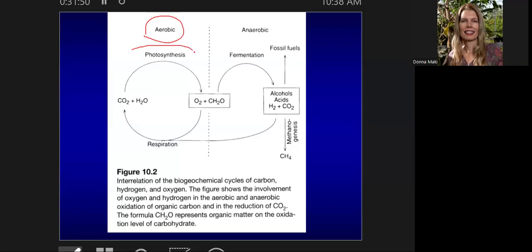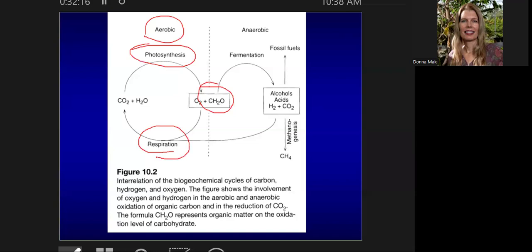And you can see photosynthesis is a big driver of taking CO2 and getting it into more complex molecules. So the CH2O is looking at carbohydrate. They're building carbohydrates and sugars by fixing the CO2 through photosynthesis. But then the opposite side of that idea would be respiration, which is what you're doing right now.